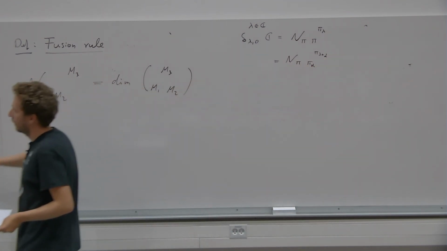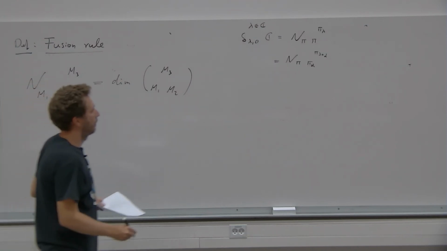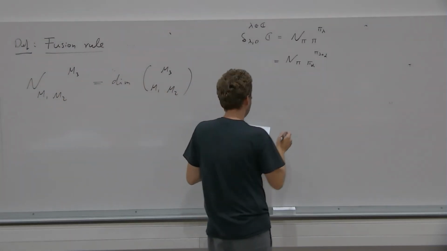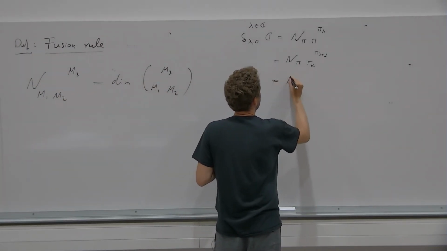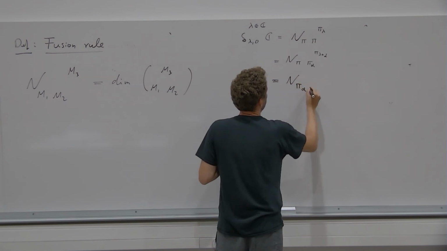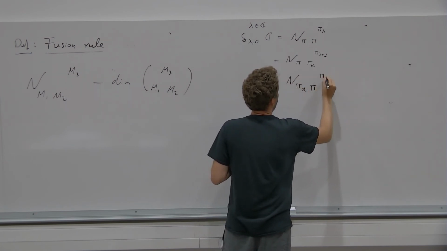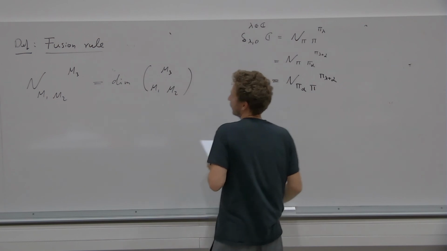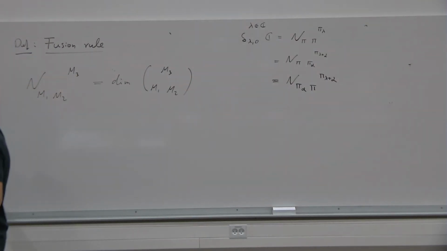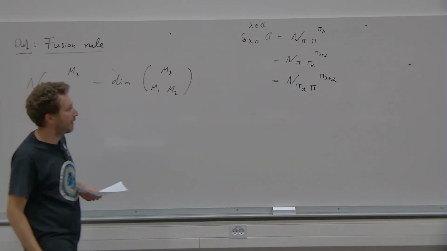I can apply this theorem. This means I can swap the first and the second index. It's just applying the statement of this theorem. What can I do next?